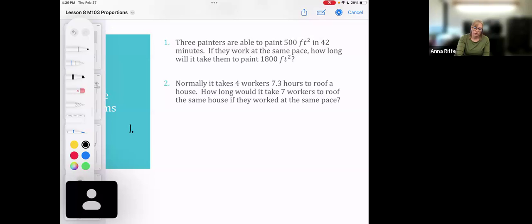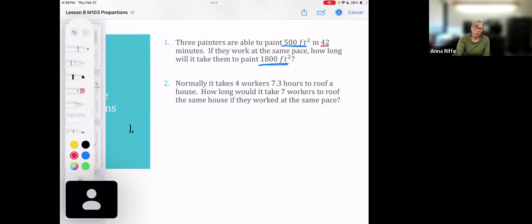3 painters are able to paint 500 feet in 42 minutes. If they work at the same pace, how long will it take for them to paint 1,800 square feet? So we're given some information about the number of square feet. Looks like we're given that twice and that changes. So that's one of our variables.